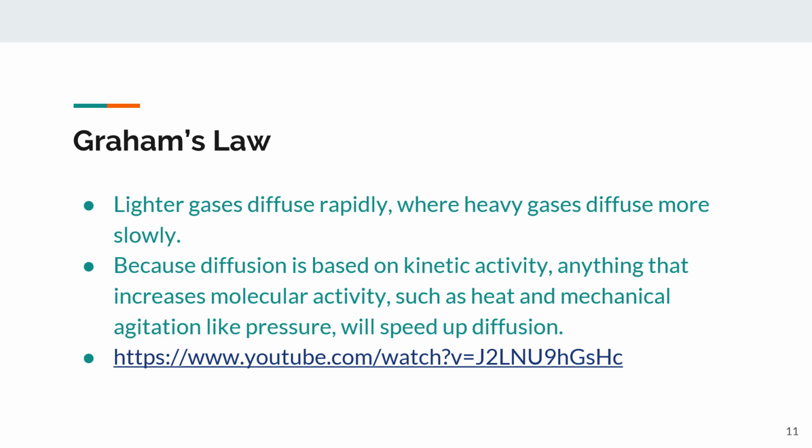And because diffusion is based on kinetic energy, anything that increases molecular activity, speeding up those molecules moving around, such as heat or mechanical agitation such as pressure, is going to speed up your diffusion. Think about heating up a gas and then pressurizing it: you're going to increase that diffusion.